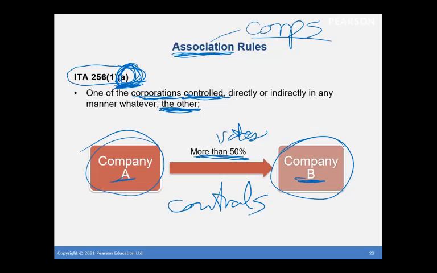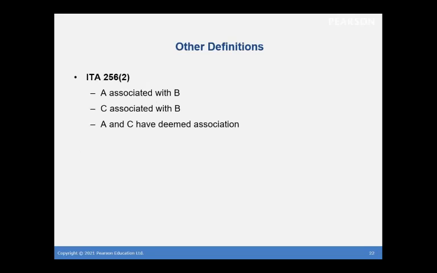Now let's take a quick step back, because you might say, well, why do we have all these complicated rules? Well, we have a small business deduction, and it's 500K.